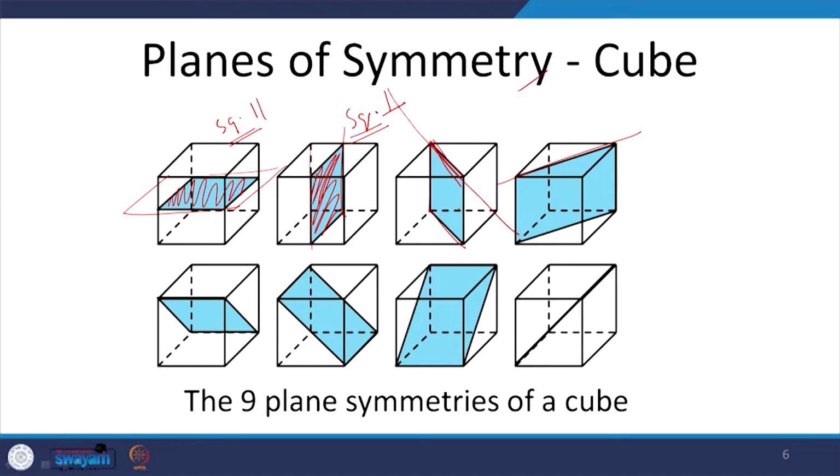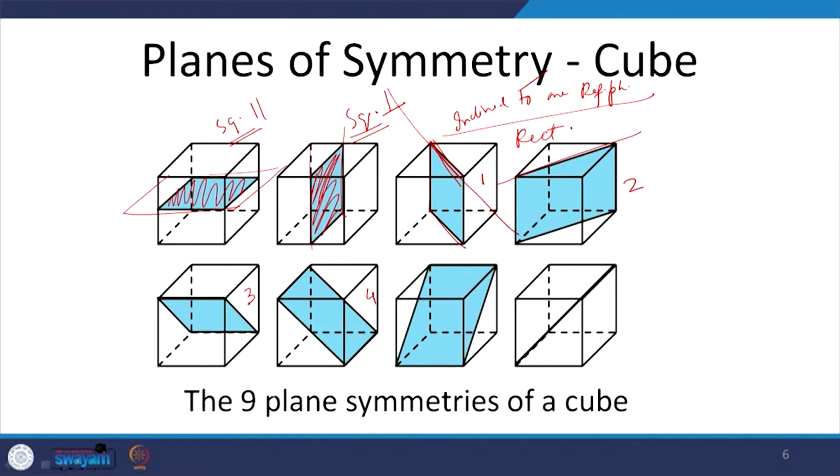In case it is inclined to one reference plane, we will get rectangles. So, all these 1, 2, 3 and 4 are variations of the same case where it is inclined to one of the reference planes and perpendicular to the other.